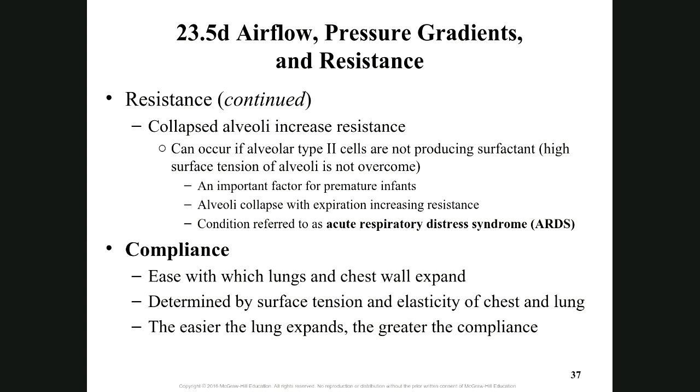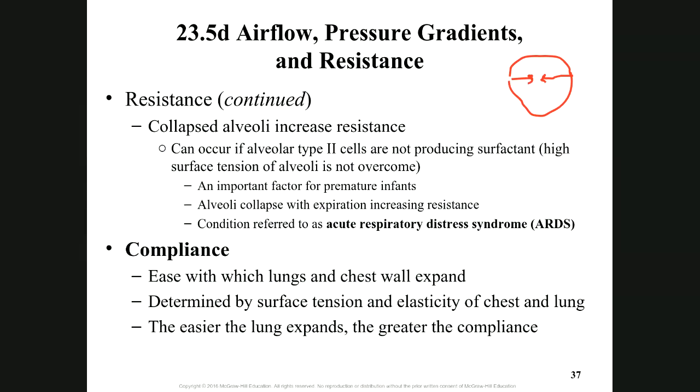And sometimes we have collapse of alveoli, and it can increase the resistance. It happens when the alveolar cell type 2 cannot produce enough surfactant. I talked about the wall of the alveoli for you, and imagine that if this is your alveolus, due to the presence of water molecules, these two sides of the wall like to attract each other, and the wall collapses on itself.